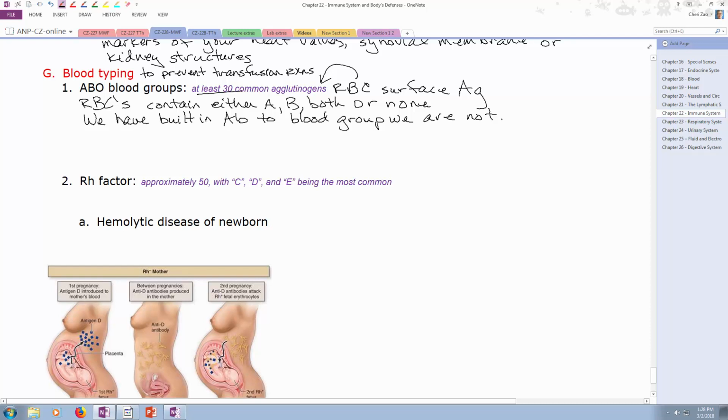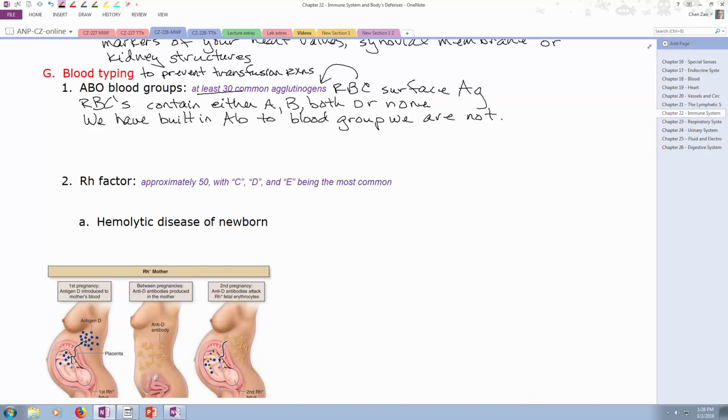So if we are type A, in our serum floating around is antibodies to type B. If we are type B, we will have floating around in our plasma, excuse me, I should have said plasma instead of serum. We have plasma that if we're type B, we have antibodies to type A.